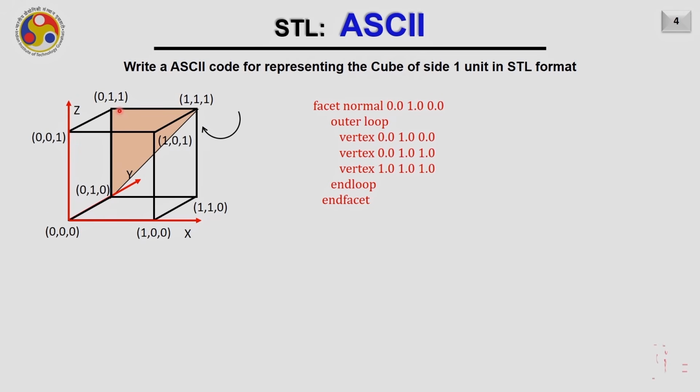Now, let us write the ASCII code for this particular triangle. Here, the facet normal is now along the positive y direction. Hence, we need to assume that we are standing here and then observing the triangle. And when we are observing the triangle from here, the counterclockwise direction will be this.